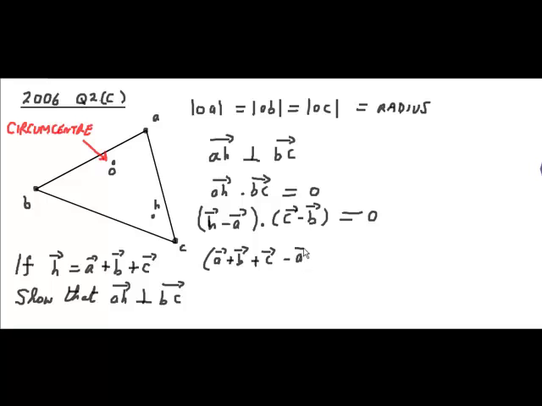So we have A plus B plus C, minus A, dot C minus B, equals 0. And of course the A's cancel. Now we've simply got the vector C plus B dot C minus B. I'm just writing this one backwards to make it look like the second bracket, to line things up.